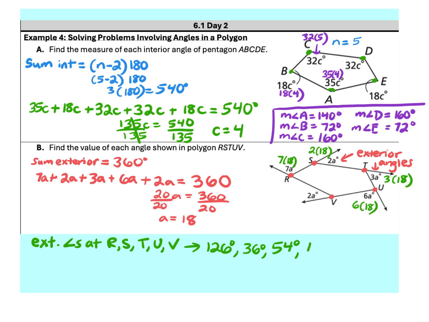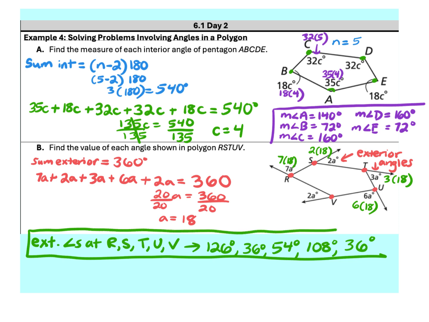And that makes 108. And then lastly, V is just 2A again. So 2 times 18, we already calculated before, is 36. So a way to check that you did your algebra and your calculations correctly is if we add up all 5 of those exterior angles, they're going to add to 360 degrees.